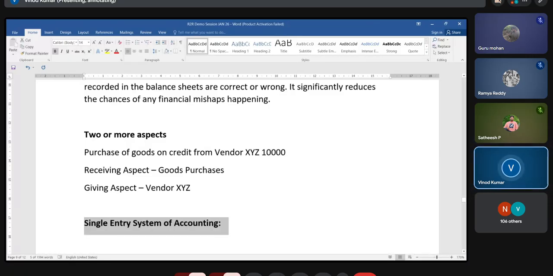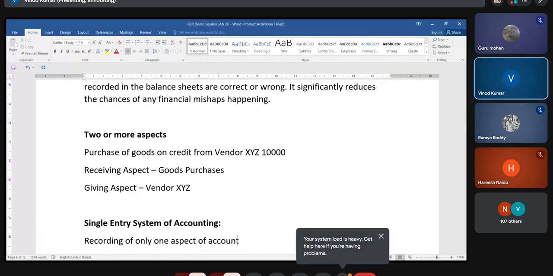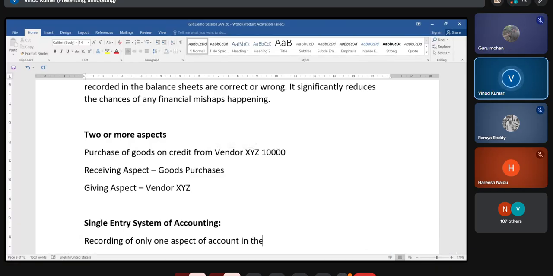The single entry system of accounting says that there is no point in recording two aspects. Recording of only one aspect of the account in the transaction is called the single entry system of accounting.